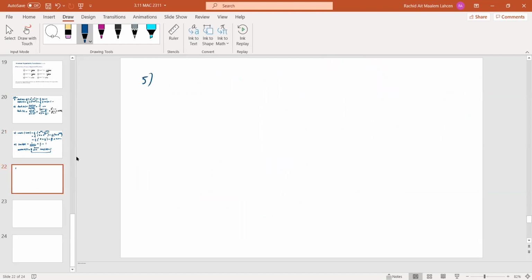Number 5, for example, if you need to calculate number 1. Well, you're just going to use the formula again. I know that this is ln of x plus square root of x squared plus 1.